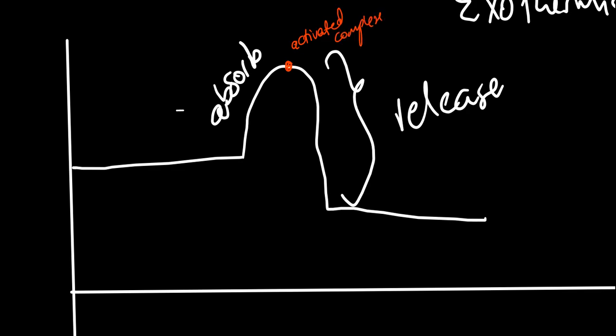And then from here to there, we call this our activation energy, EA. Ne? EA stands for activation energy. What is activation energy? Remember that this is the minimum amount of energy required to start a reaction. I hope we remember it.